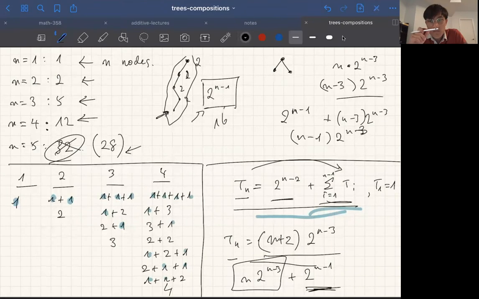Right? Just doing it for n equals 5, 2 to the n minus 3 is 4, times 4 is 16. That's not right. Okay. So we're definitely missing 3 counts.